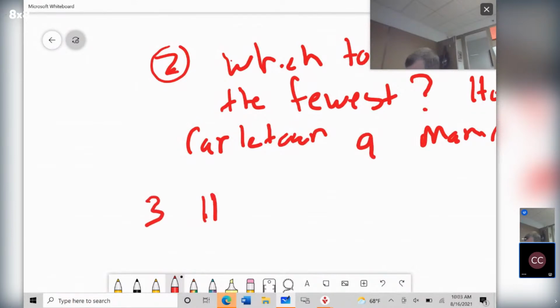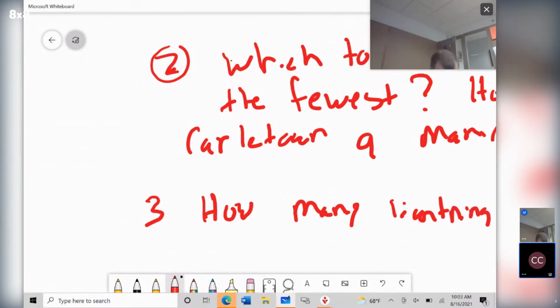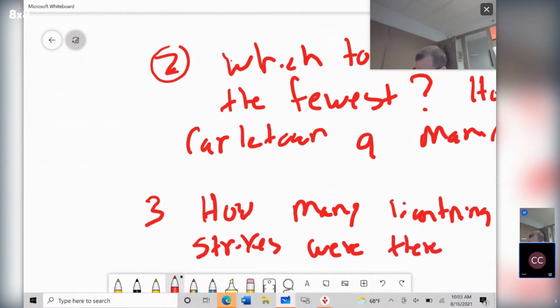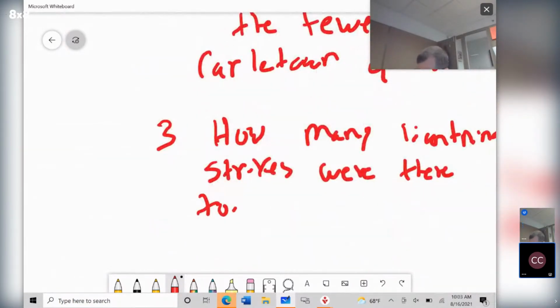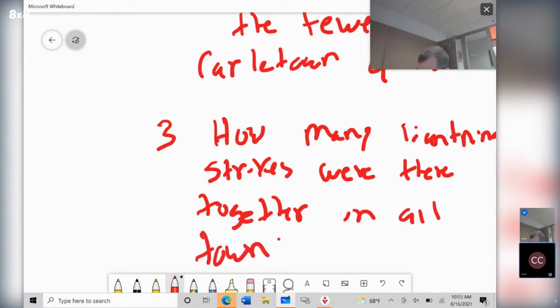How many lightning strikes were there together in all towns? Okay. So we're going to go back up to our graph here.